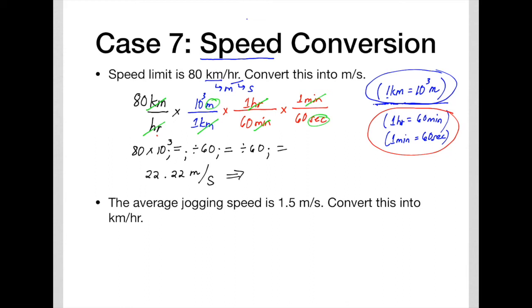Converting it to proper significant digits, we have one significant figure. So we have 1 SF, and therefore our final answer would be 20 meter per second. One significant figure.